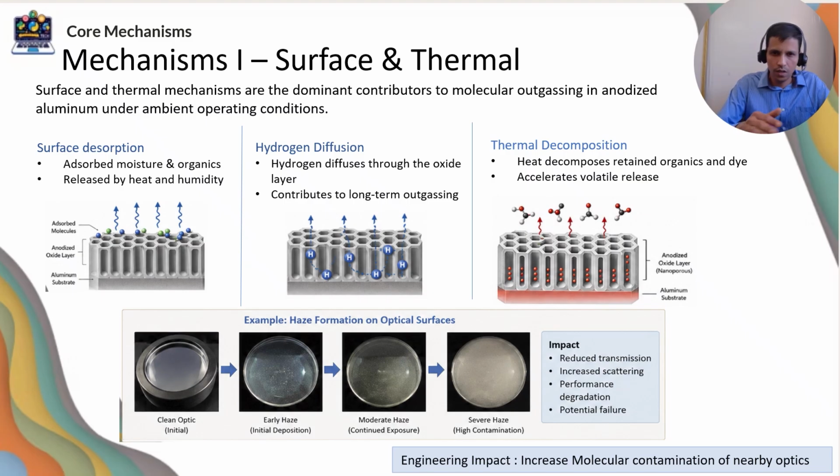If you see the bottom of the slide, the clean optics start to get contaminated due to this haze formation, and finally end up fully covered by water molecules or volatile components, which will completely affect the performance.